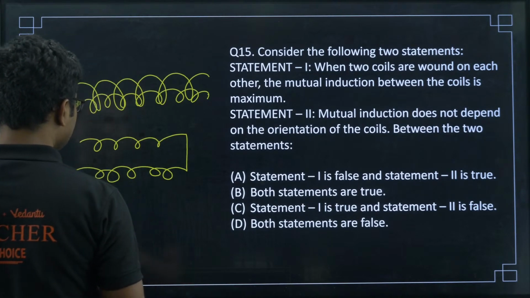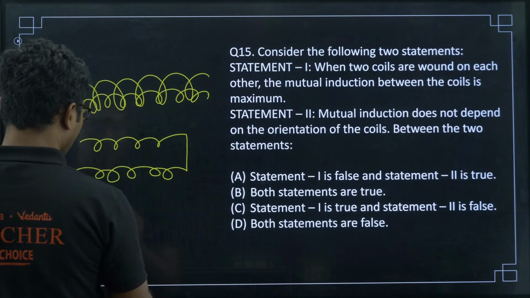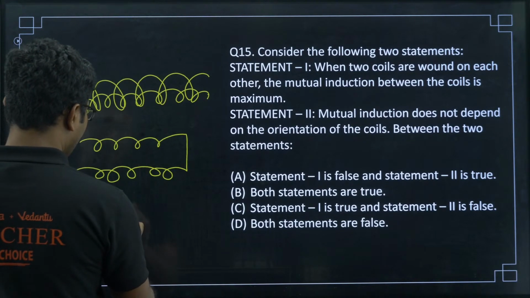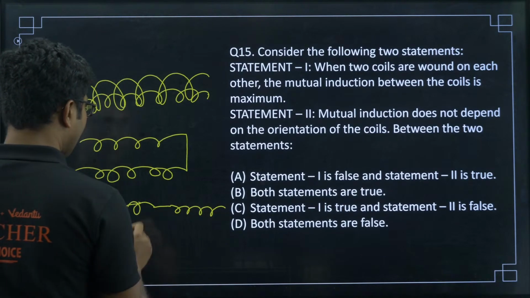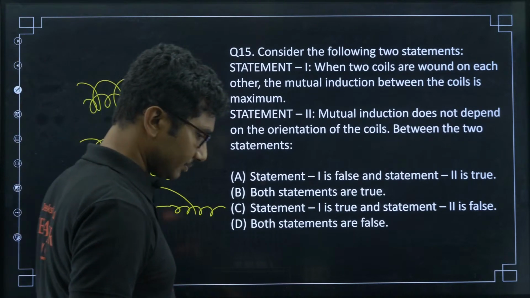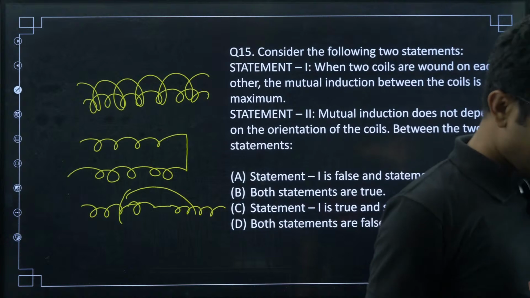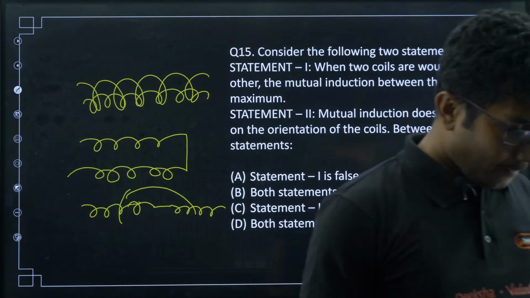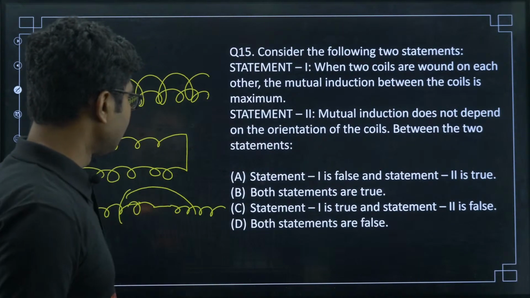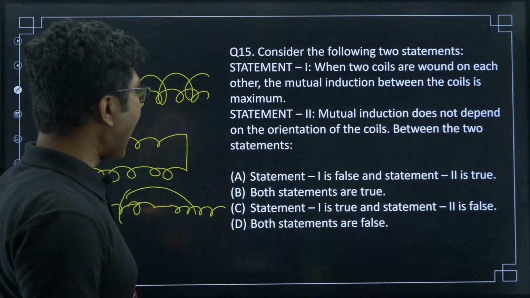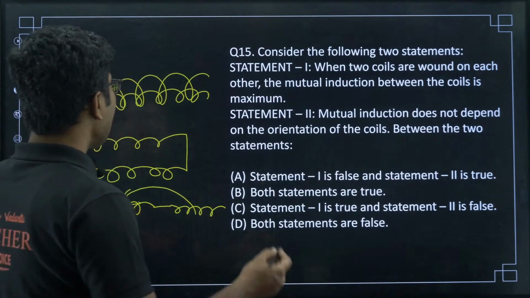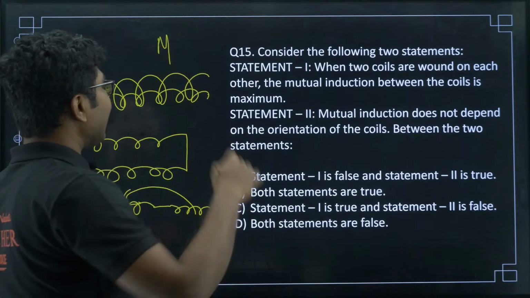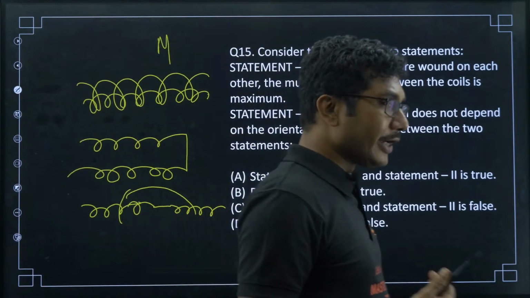Mutual inductance, or if I have a coil like this, what will happen to the mutual inductance? And one more thing, remember that mutual inductance does depend on the orientation of the coils.